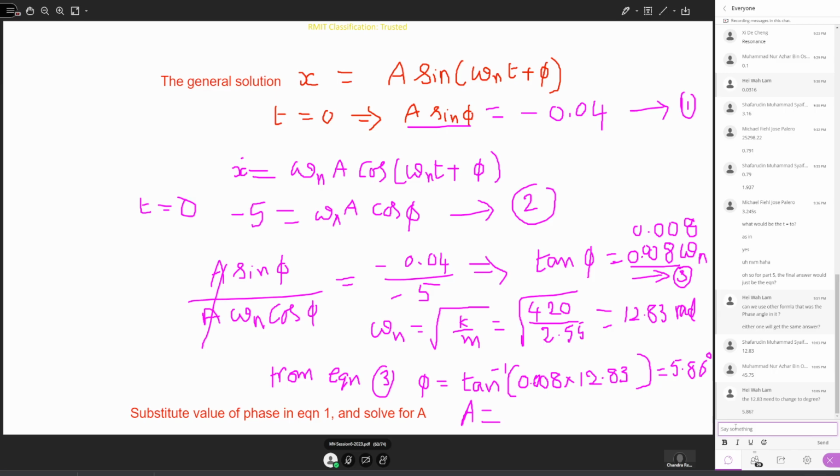Let me know your answer for A. A is nothing but the amplitude, that is the maximum displacement.